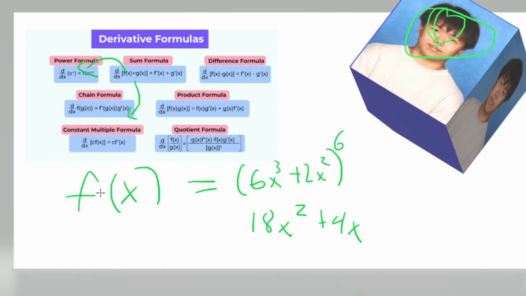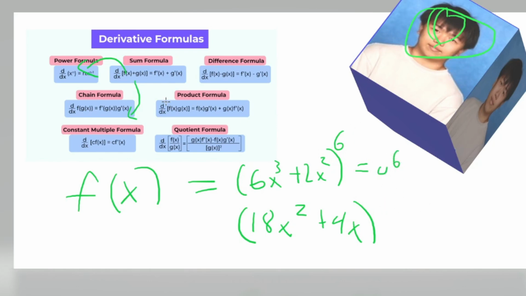So there that is. Right there. If we use the chain rule, we have to realize that the f of x and g of x in here aren't exactly the same. If we instead made this equation, 6x cubed plus 2x squared, equal u, then it would be u to the 6.